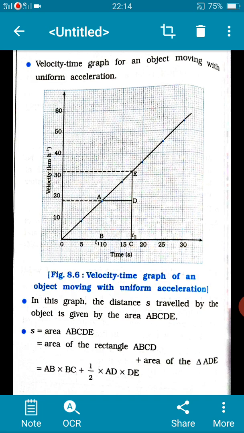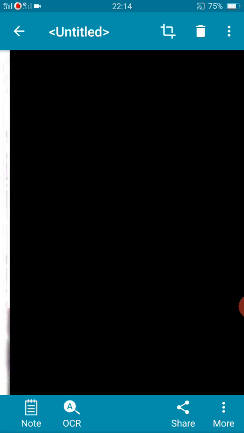DE is just above 30, around 32 minus 19 or 18 like that. See the dotted line where it reaches, you can note down the point or the velocity and calculate. Is that clear? So that's all about the velocity versus time graph.